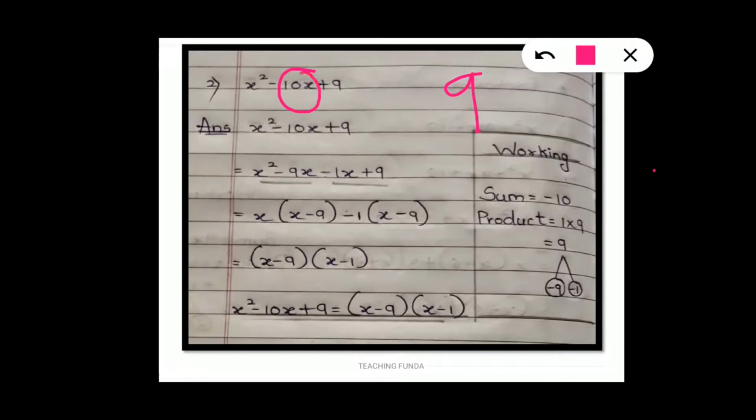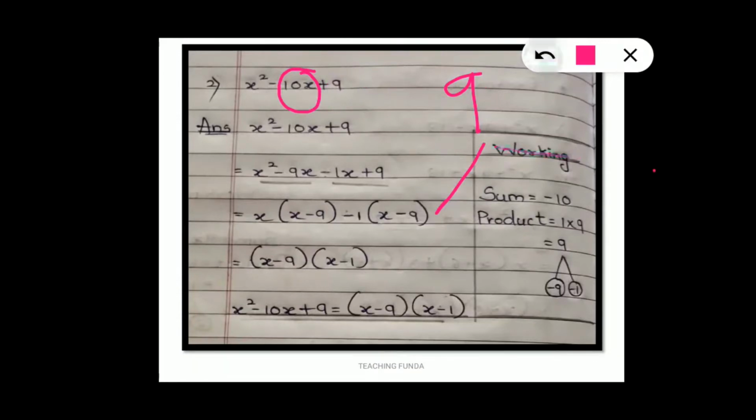When you are doing the factors, the addition of those factors must give minus 10. Listen carefully. You have to factorize the last term, which is 9, such that the addition of the factors will be minus 10 only.